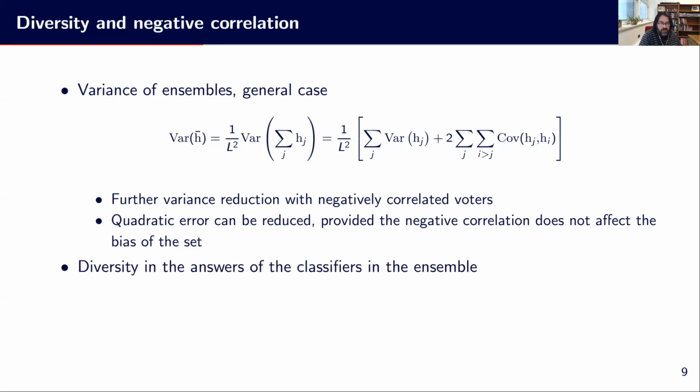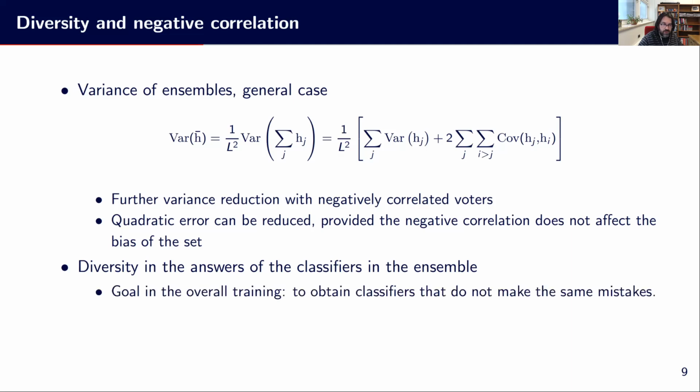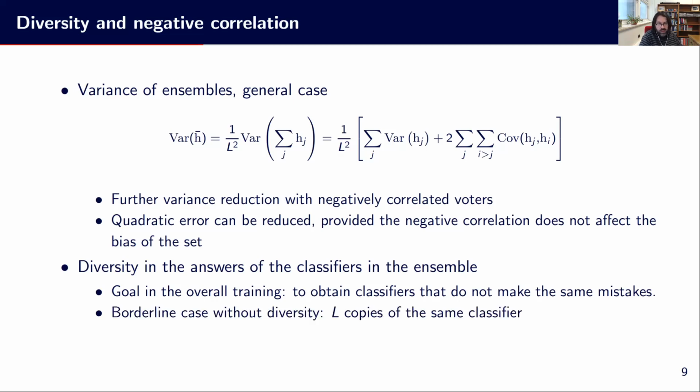So diversity here is the answer. In our ensemble, we want an ensemble that is diverse. So the goal in the overall training is to obtain classifiers that do not make the same mistakes on the same sample. And the point, if we go to extreme cases, the extreme case would be L copies of the same classifier.